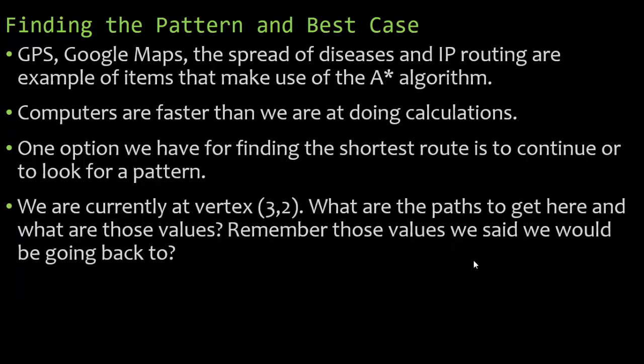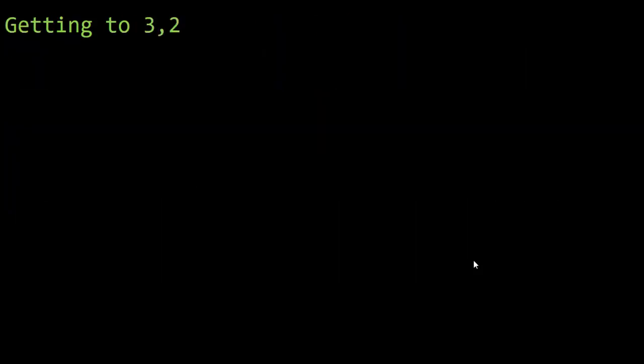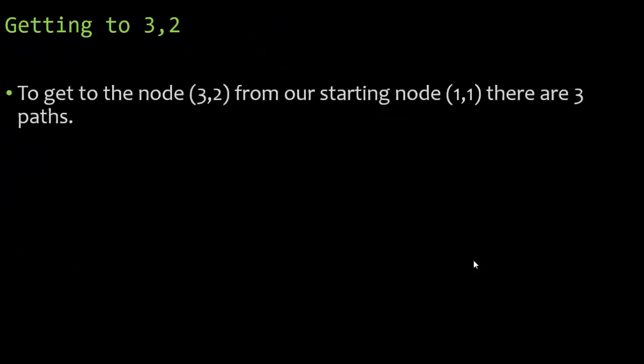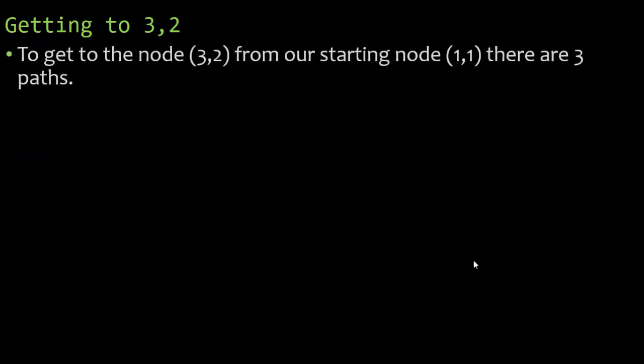Now we're currently at vertex 3, 2. So now what I need to do is pause here and ask myself, what are the paths to get here and what are those values? Remember those values we said we would be going back to? Now it's time to go back to those. To get to node 3, 2 from our starting node, there are 3 possible paths.